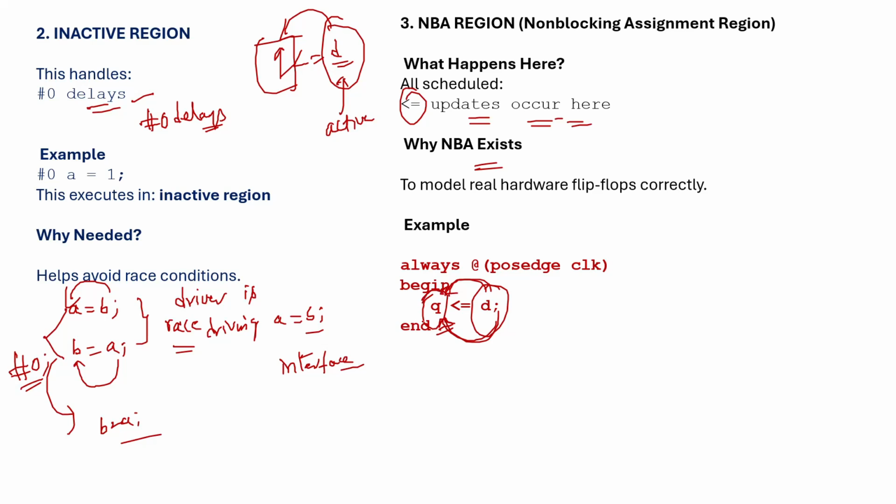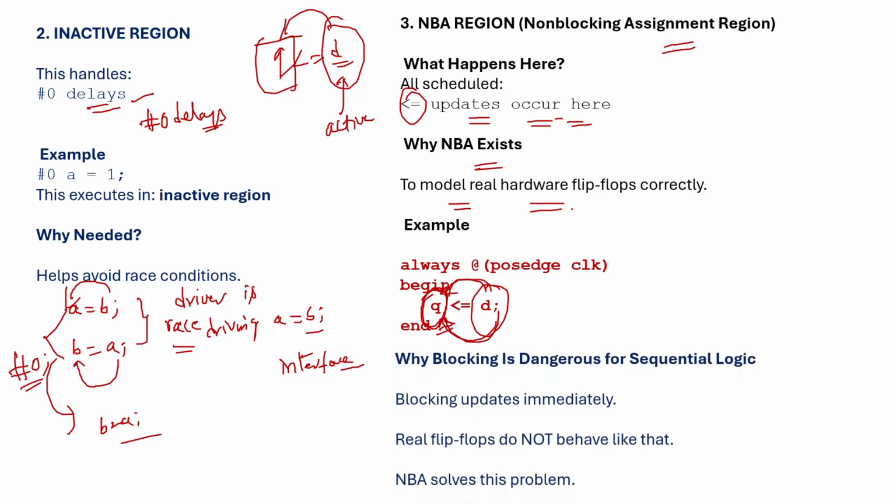But my output appears after some time, in the non-blocking region. So here we model flip-flops, because the NBA region is used for procedural assignments. Registers, flip-flops, all these things are procedural assignments, right? For that purpose, this NBA region is utilized. Why is blocking dangerous for sequential circuits?